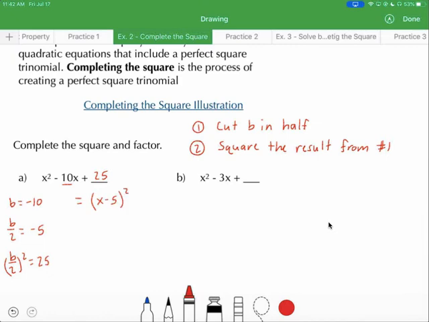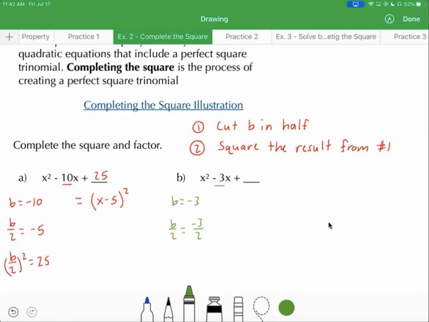Okay. All right, in the next example, your b value is negative 3. So when I cut that in half, it's not going to divide evenly. So I'm going to leave it as an improper fraction of negative 3/2.